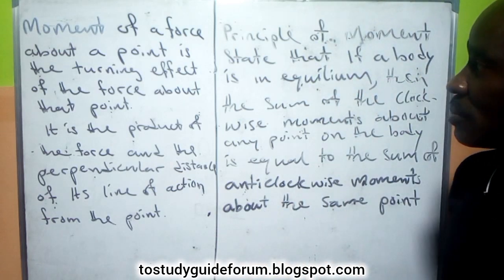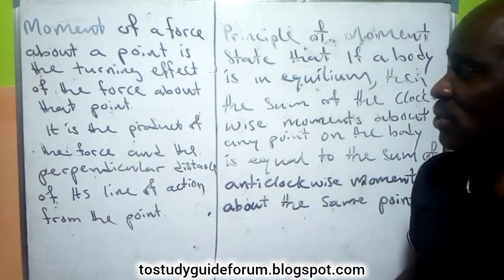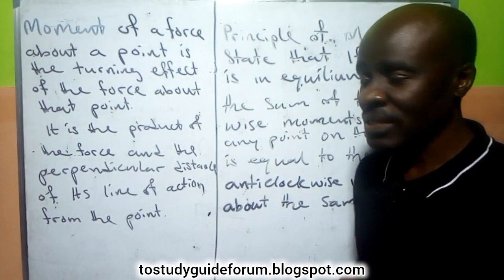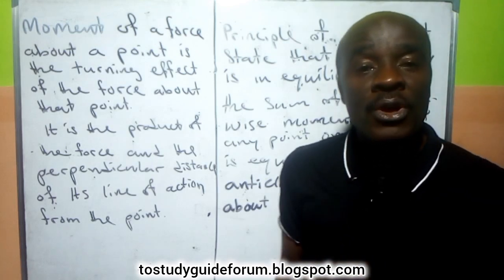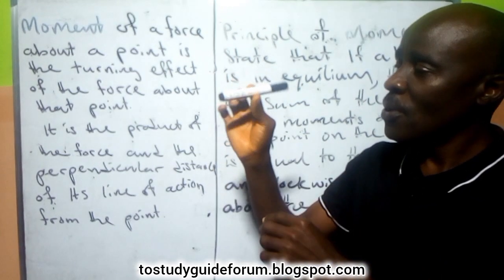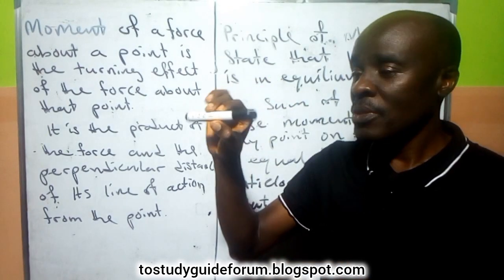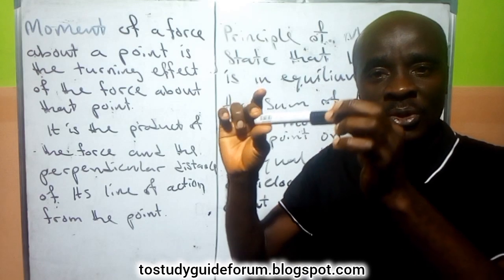Moment of a force about a point is the turning effect of the force about that point. For example, this is my marker. If a force is acting on it, it tends to make it move in a certain direction.